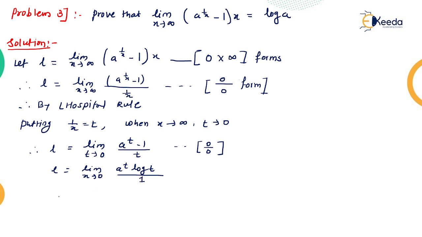Now this is not 0 by 0 or infinity by infinity, not an indeterminate form, so I operate the limit directly. With t tends to 0, a raised to 0 is 1 and we get only the answer, log a.